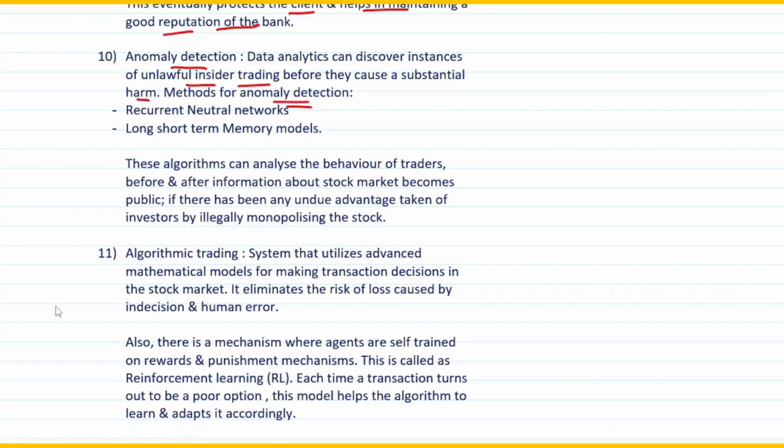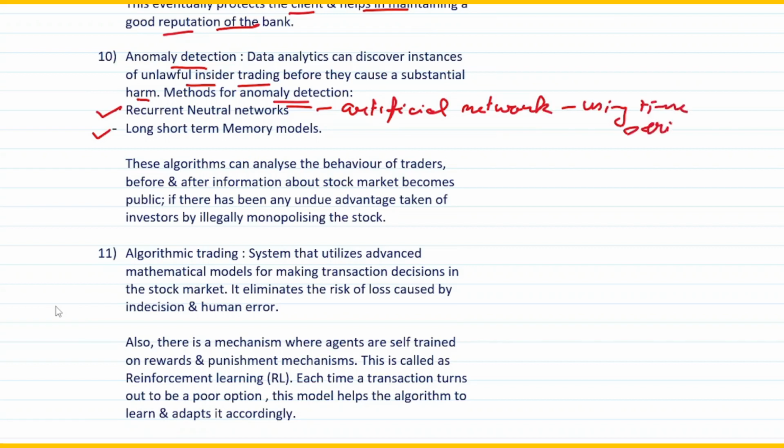Now what are the various ways of anomaly detection? It can be done through a recurrent neural network or long short-term memory model. Please remember this, just for information purposes. What is a recurrent neural network? It is an artificial network which generally uses time series data, right?